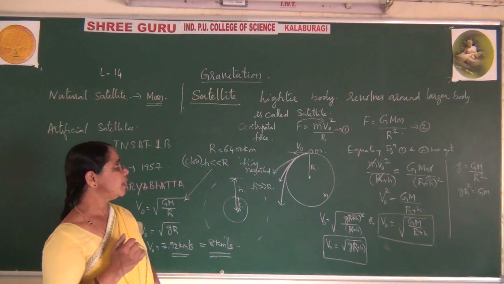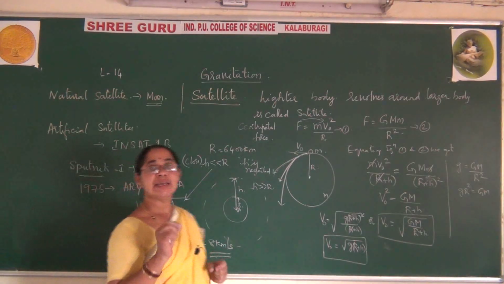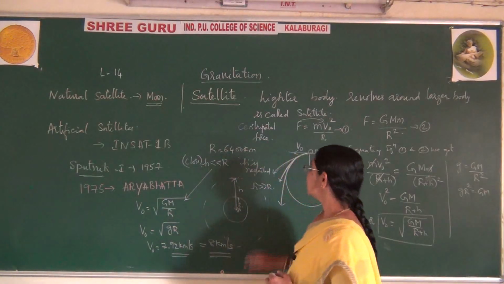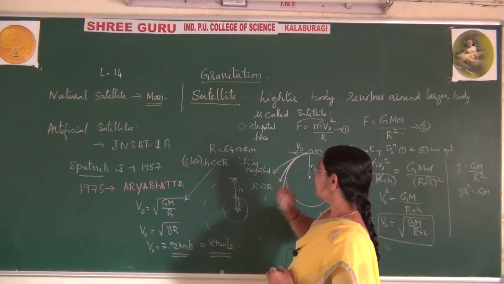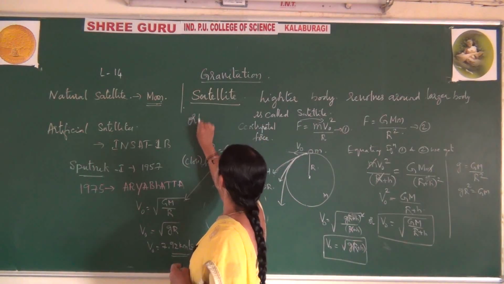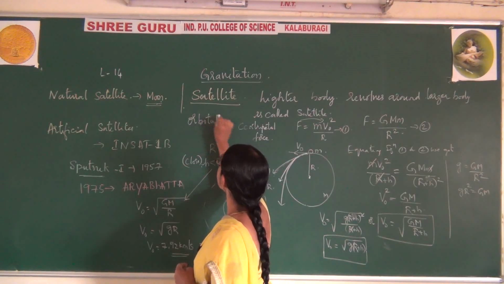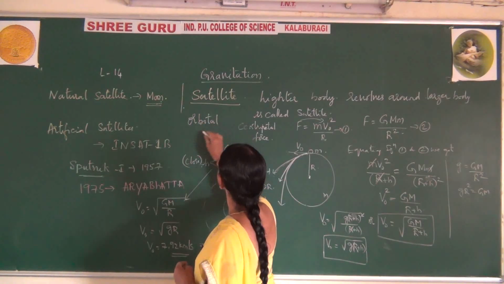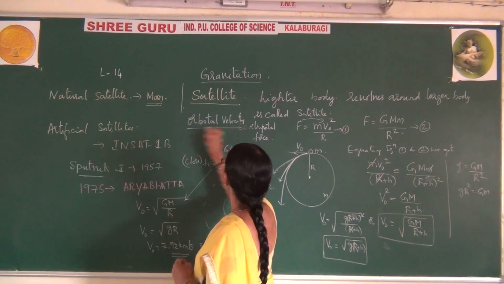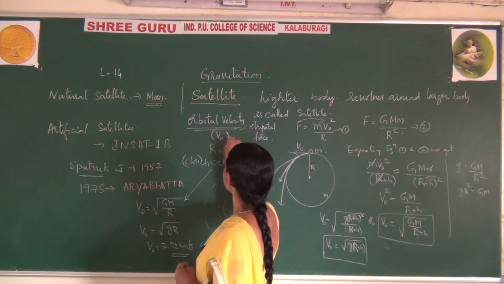So just remember, today we have learned about the satellite. This satellite explains orbital velocity. This is the calculation for orbital velocity, represented by the symbol V0.